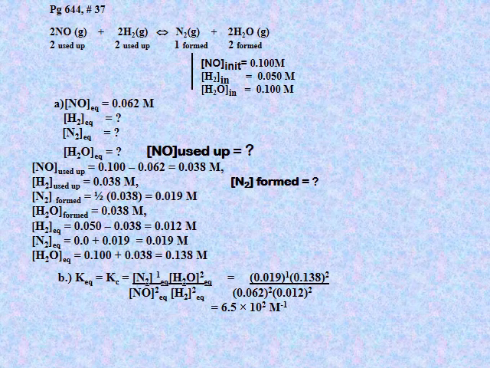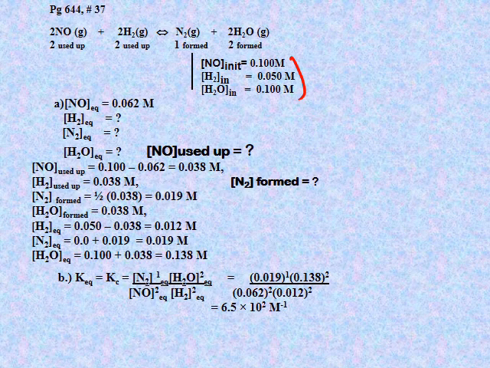Now for this reaction, the initial concentration of NO is given, which is 0.100. For hydrogen it is 0.050, and for H2O it is 0.100 moles per liter, because they gave you the volume of 1 liter.